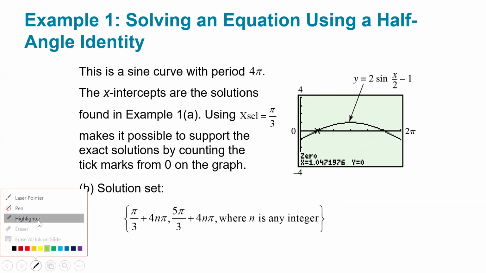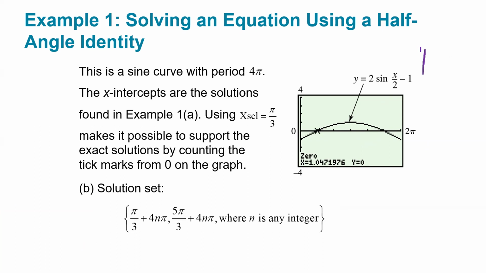Y'all remember that? So p equals 2 pi divided by your b, and our b is 1/2. That means my period equals 4 pi, so every 4 pi I'm going to have a solution set.